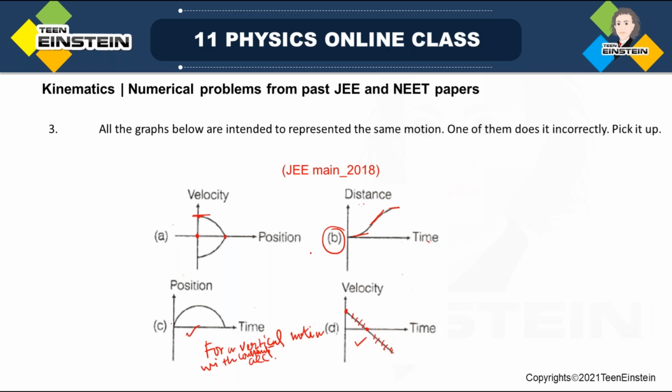Okay, all the others are representing vertical motion, where you can see sign changes happen to the velocity. Velocity is actually this one now. In this case also, velocity goes up and then comes down. Here, as you see, velocity is negative.